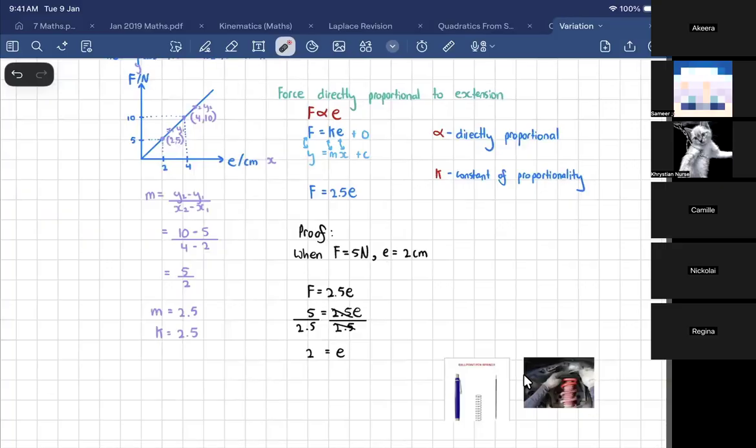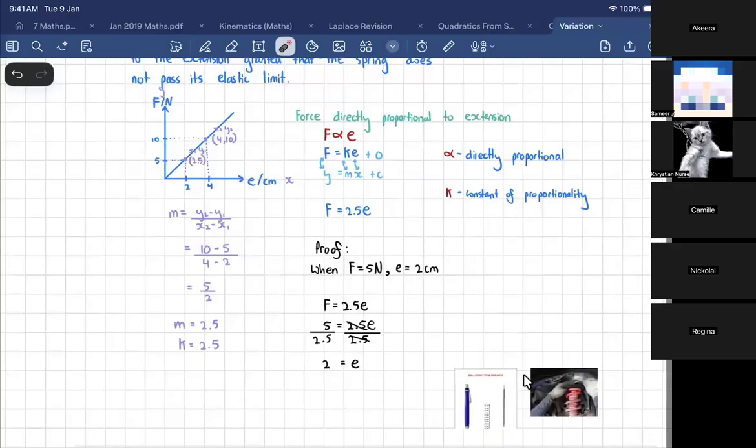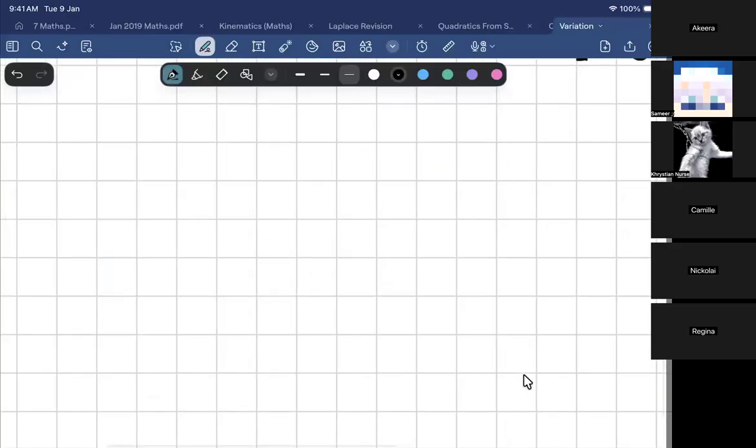So I'm going to go over this one more time. Let's do a quick summary. If 2 quantities are directly proportional, how would I write it? Let me write a statement. First of all, force is directly proportional to extension.